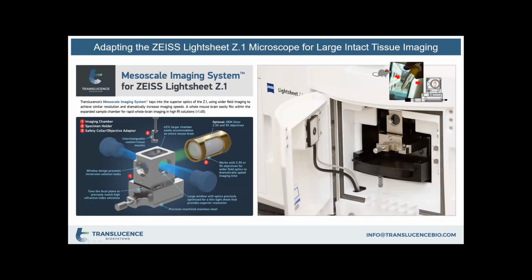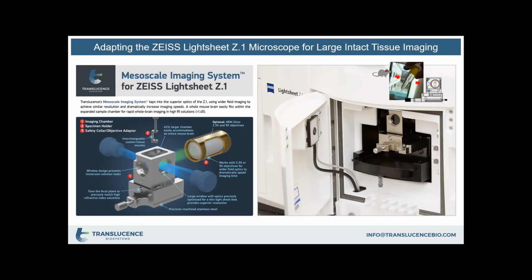So we were looking at the light sheet 7 there in Oliver's presentation, but when we started developing the mesoscale imaging system, the light sheet 7 didn't exist, and it was the light sheet Z1. Or Z1, as people have been saying, and I am Canadian, so I should say Z1. But the light sheet Z1 wasn't adapted for tissue clearing.